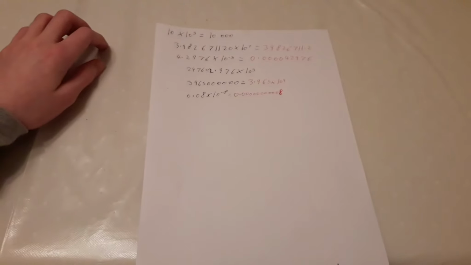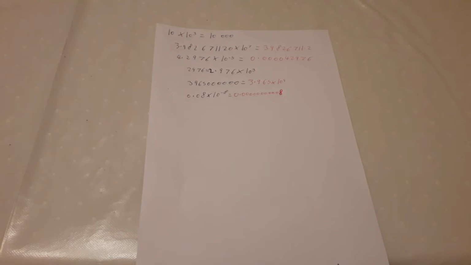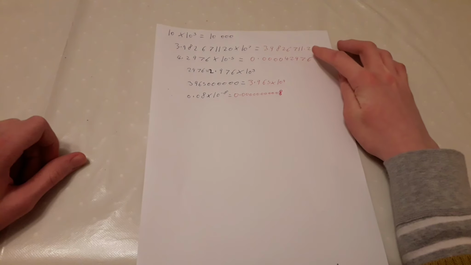So that's easily understandable. So if we go on to something harder, so we've got this number here, 3.982671120 times 10 to the power of 7. 10 to the power of 7 equals 10 million, and then 10 million times this number equals 39,826,711.2.